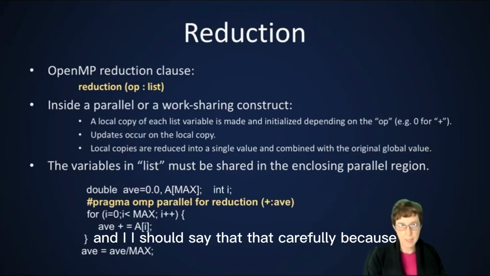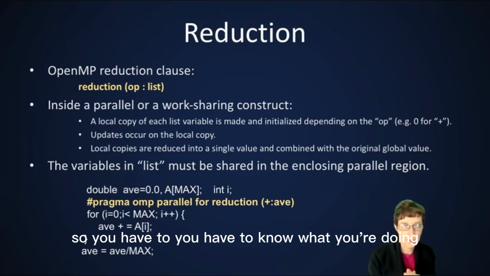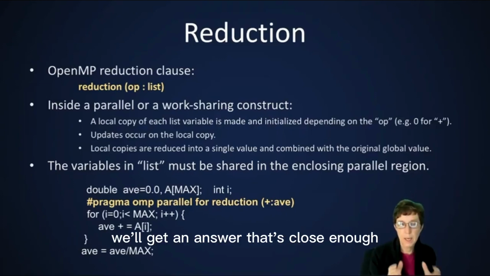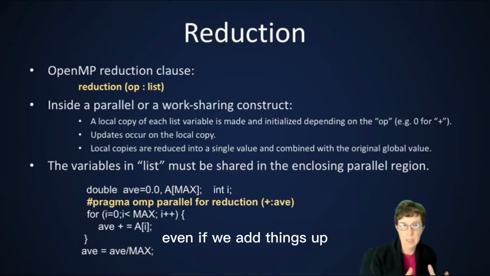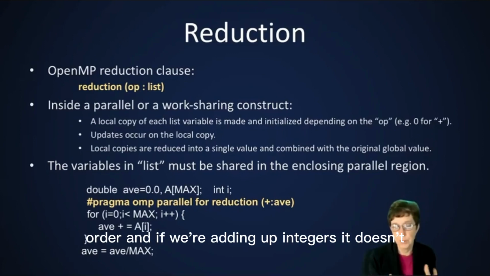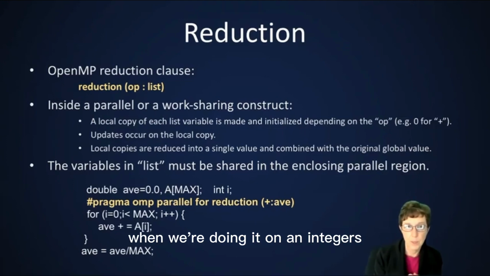And I should say that carefully because I'm married to a numerical analyst. So you have to know what you're doing, but oftentimes in the programs that we're looking at, we'll get an answer that's close enough, even if we add floating point numbers up in a slightly different order. And if we're adding up integers, the order doesn't matter. So it's definitely safe when we're doing it on integers.